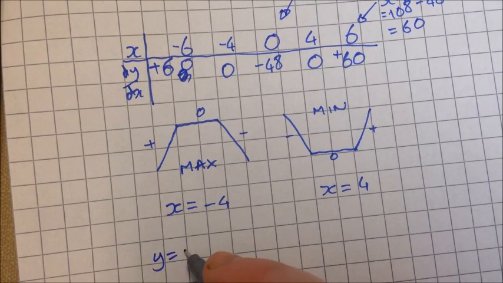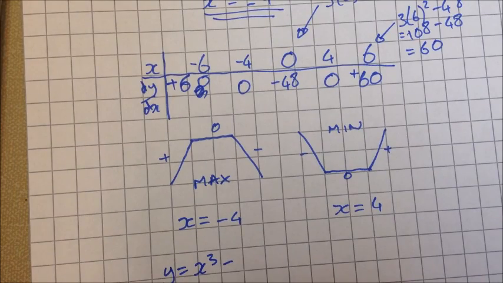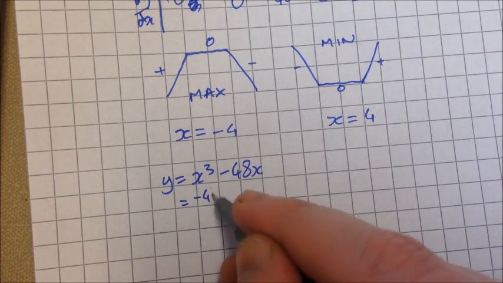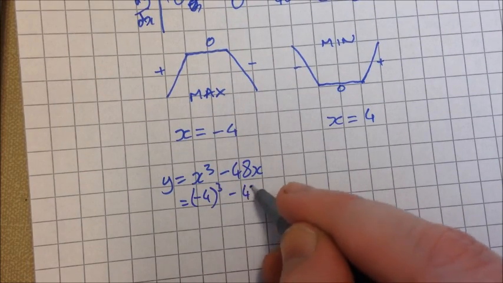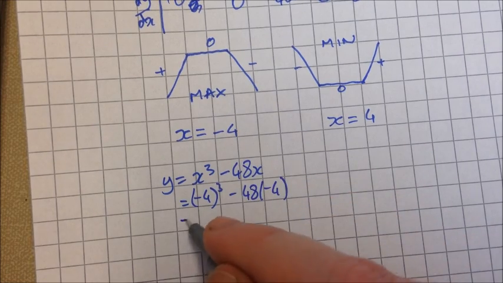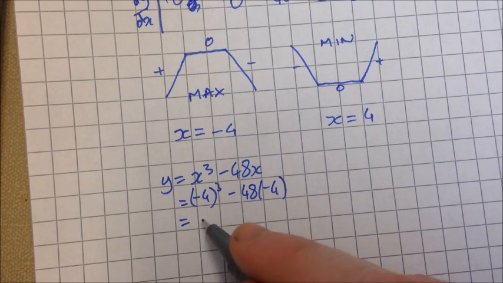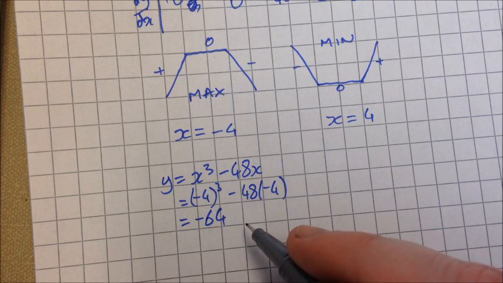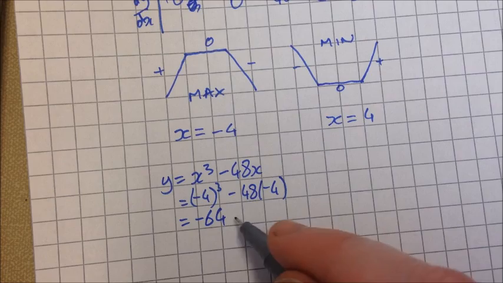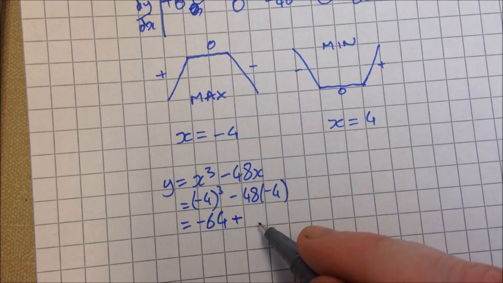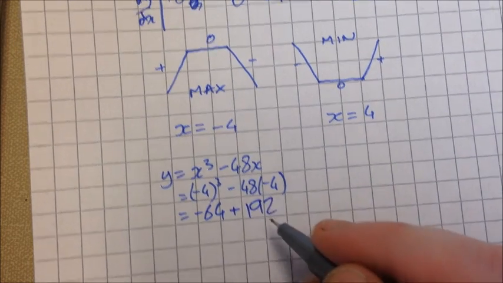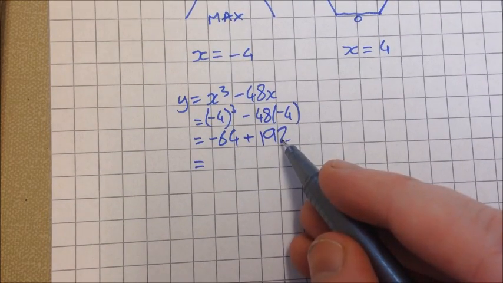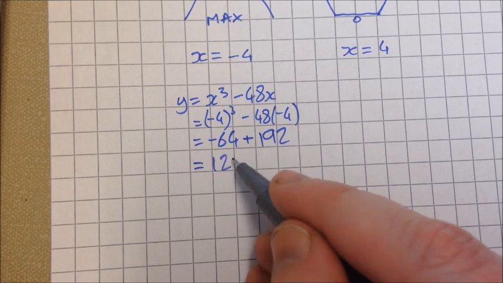So y equals x cubed, take away 48x equals -4 cubed, take away 48 lots of -4. -4 cubed is -64. -48 times -4, that's going to be positive, isn't it? 192. So 128, isn't it?